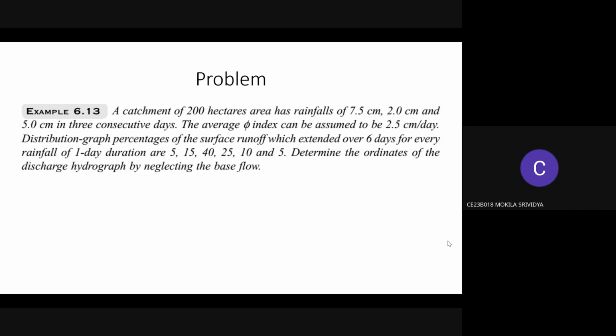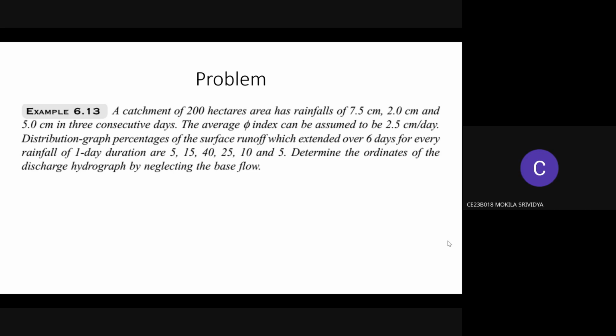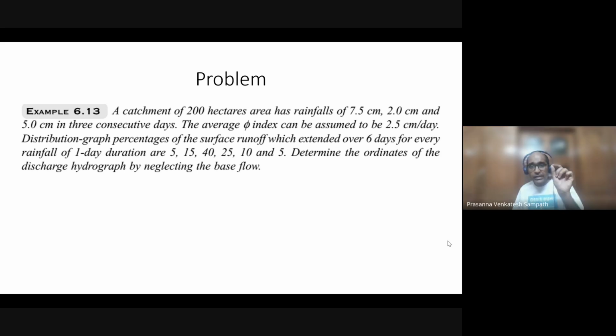For the first day, 7.5 centimeters of rainfall, how much of that becomes excess rainfall is the question. How much of that becomes runoff? 1 centimeter. So the phi index, which is the estimate of the infiltration loss, is 2.5 centimeters per day.